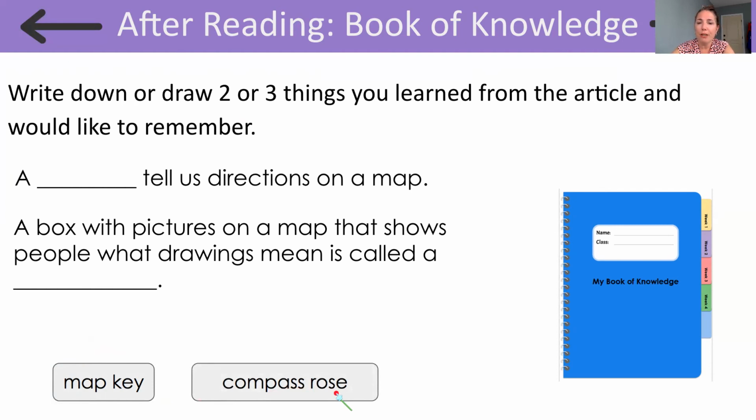So readers, let's pause the video now so that you can take out your book of knowledge, whether it be a piece of paper or a virtual book of knowledge, and use one of these sentence frames or jot down other facts that you learned that you would like to remember now.